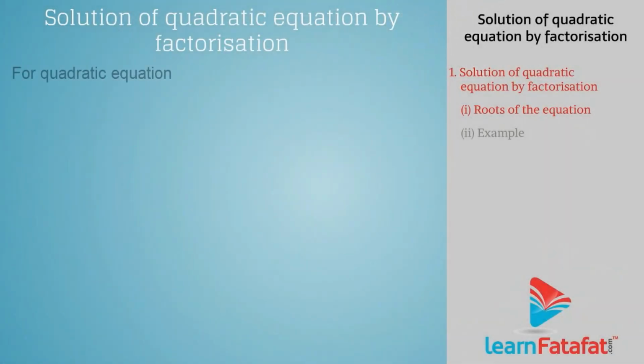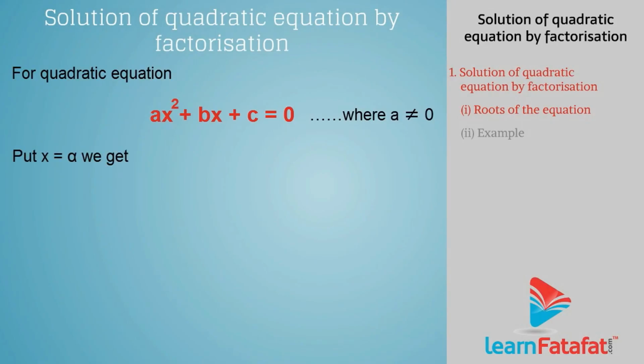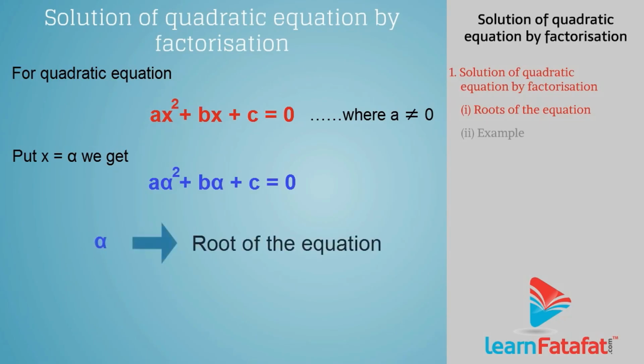Solution of quadratic equation by factorization. For quadratic equation ax square plus bx plus c is equal to 0, where a is not equal to 0, put x is equal to alpha. We get a into alpha square plus b into alpha plus c is equal to 0, where alpha is called the root of the equation.